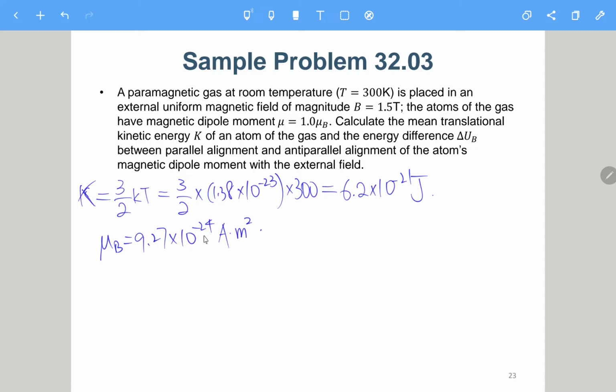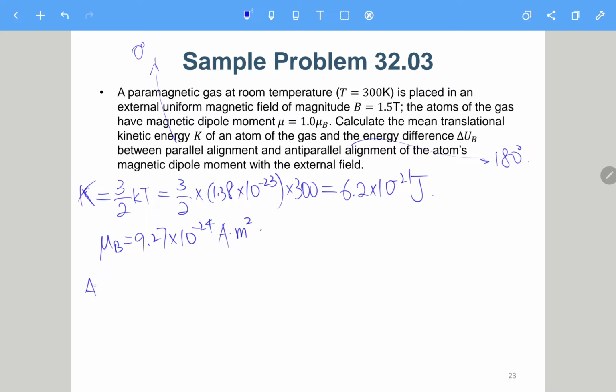Okay, so this is the Bohr magneton, and then it asks you the energy difference between the parallel alignment and the anti-parallel alignment. Parallel alignment means they have the same direction, and anti-parallel alignment means they are at 180 degrees, pointing in opposite directions.